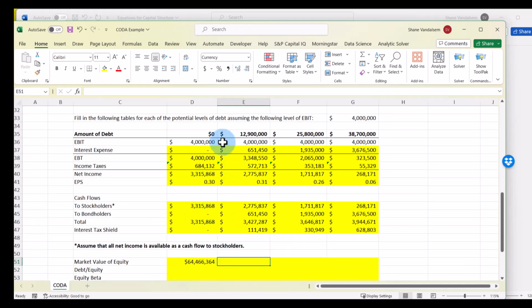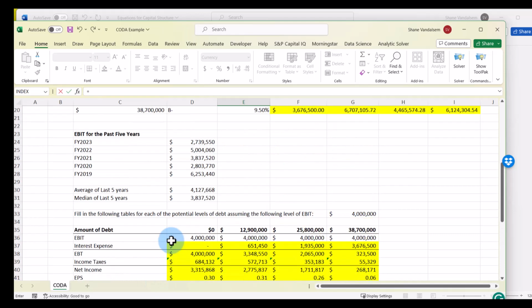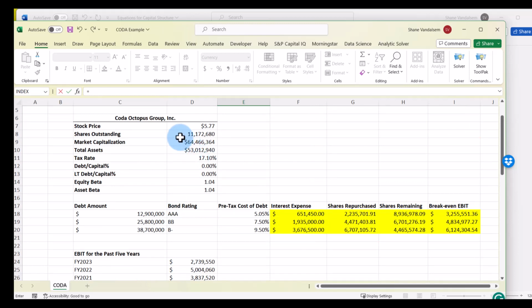If the firm takes out $12.9 million worth of debt, the market value of equity will be the market value of equity today minus the amount of that debt, because that's the dollar value of stock we're repurchasing.